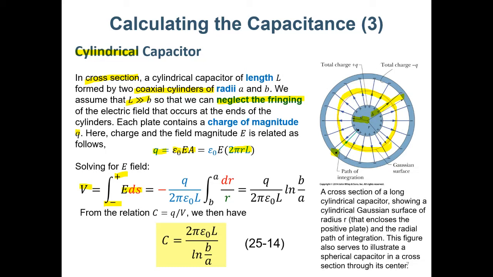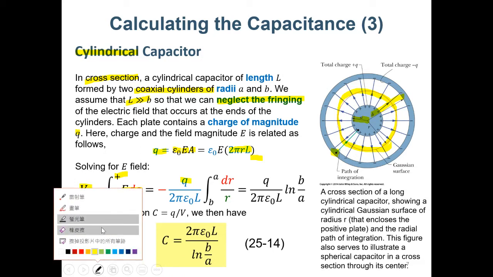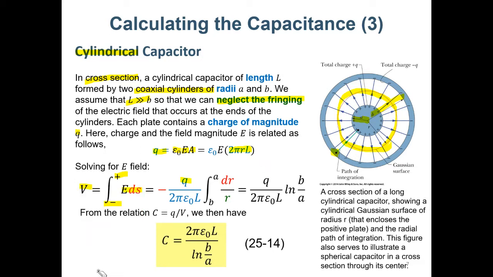So we can see that E equals Q over 2 pi epsilon naught L r.